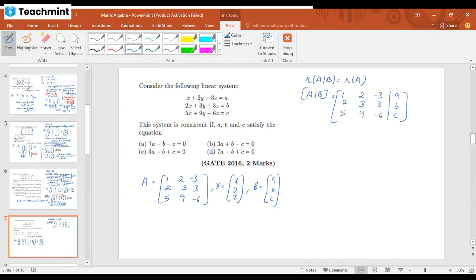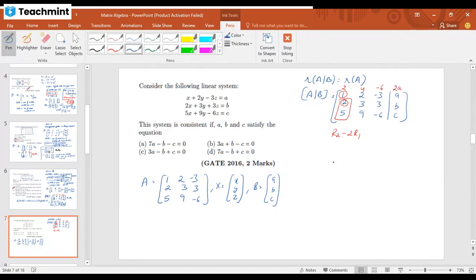Now to reduce it into row echelon form, already this entry is 1. To make these two elements 0, firstly we need to make this entry 0. So we are going to apply the operation R2 minus 2 times R1. 2 times means this is 2, this is 4, this is minus 6, and this is 2A.